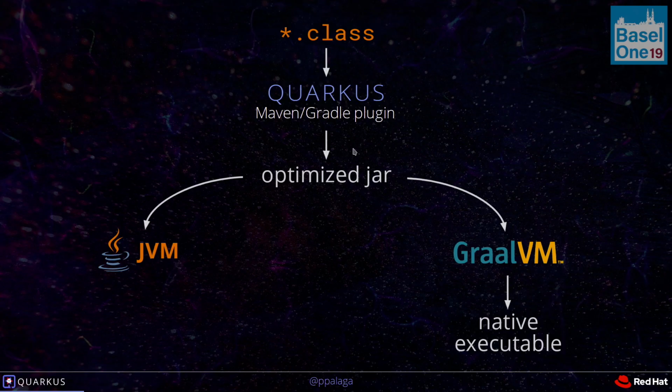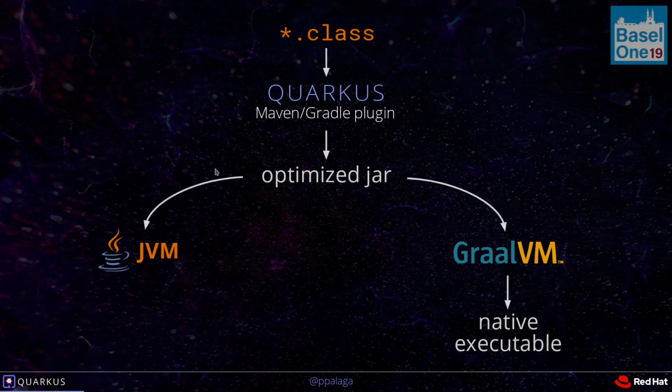And alternatively, you can pass the jar to GraalVM, and GraalVM produces a native executable like the one we have seen in the demo. It's very important to know that there are these two modes. We will speak of them all the time.